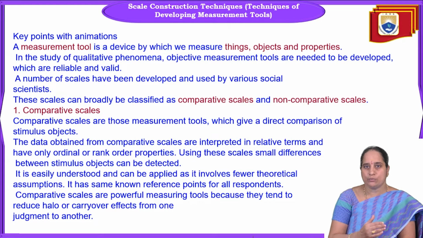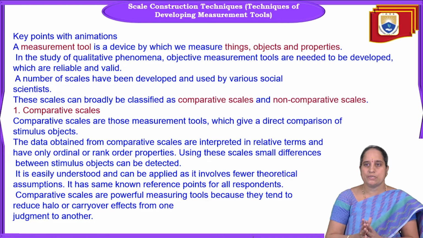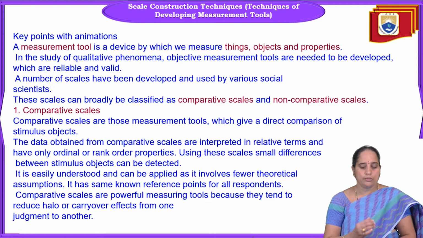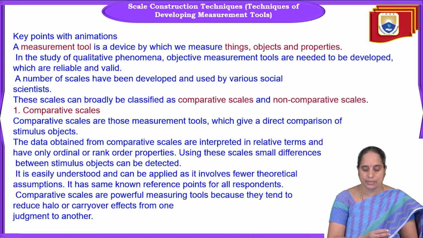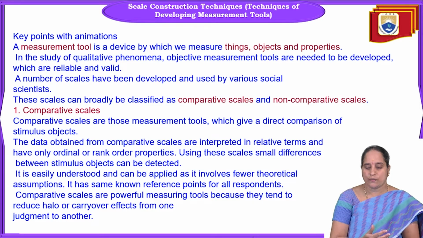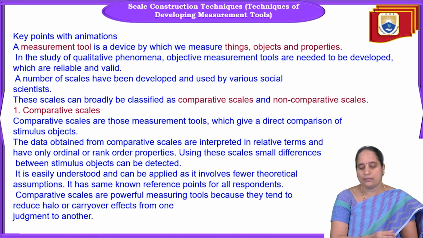So coming to comparative scales. Comparative scales are those measurement tools which give a direct comparison of stimulus objects. So whatever objects we are going to study, we can easily compare these objects with each other. That type of scales are known as comparative scales. The data so obtained from comparative scales should be interpreted in relative terms and also have ordinal or rank order properties.